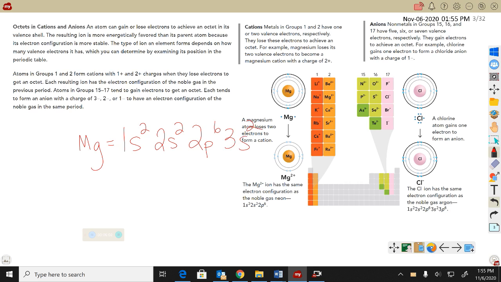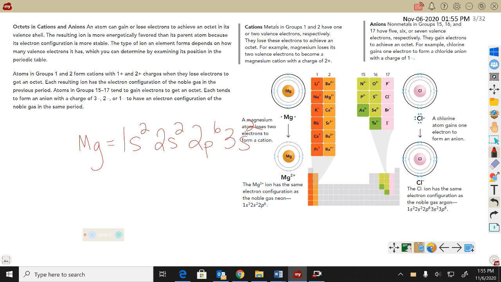There's magnesium, element number 12. Right now, looking at my valence shell, the 3rd energy level, I'd like to fill it with 8 valence electrons. Right now I've only got 2. And so my options are either lose 2 or gain 6.